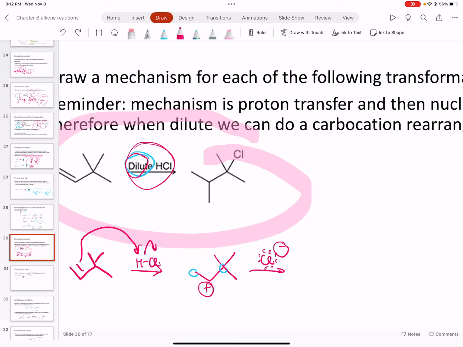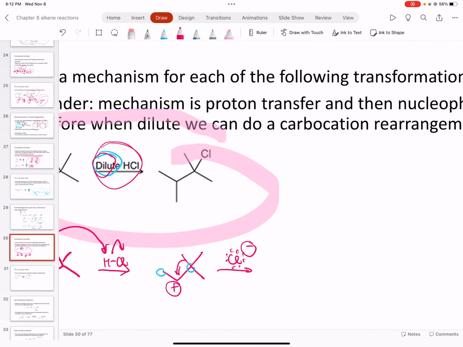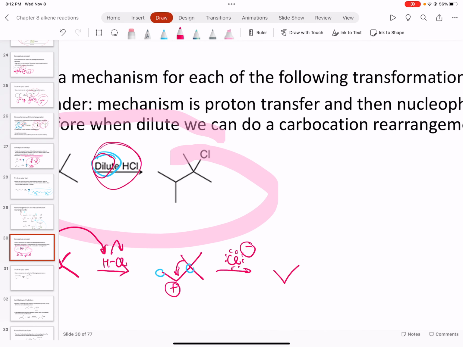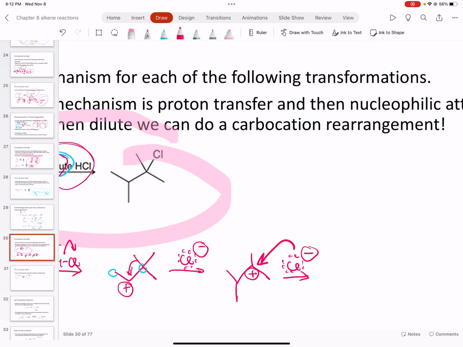So I could grab this, put it in here. Then I will get a positive in here. And then I could proceed with my nucleophilic attack, right?